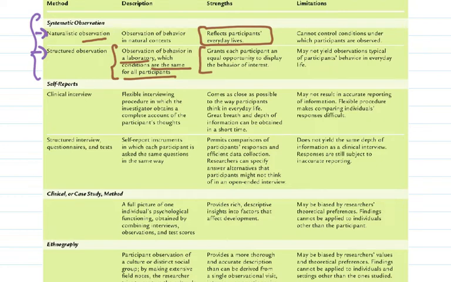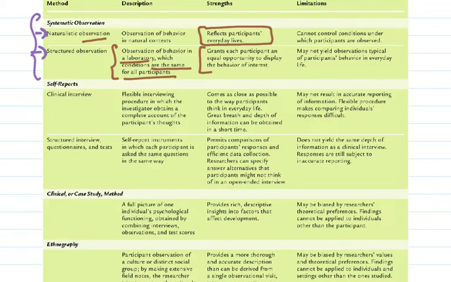So, for example, when we talk about the strange situation, something we'll talk about at greater length in the subsequent chapters, when you bring a child inside a lab and observe how they behave, every child has an equal opportunity to behave in a particular manner, right? So that's what we're looking at when we're looking at the strengths.